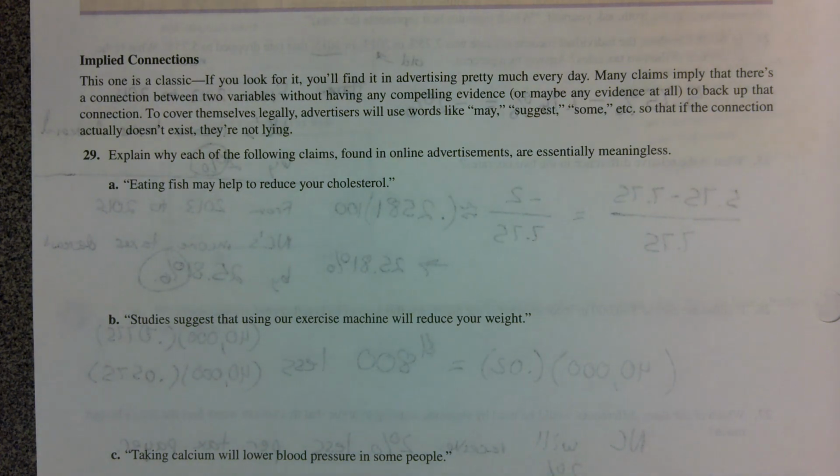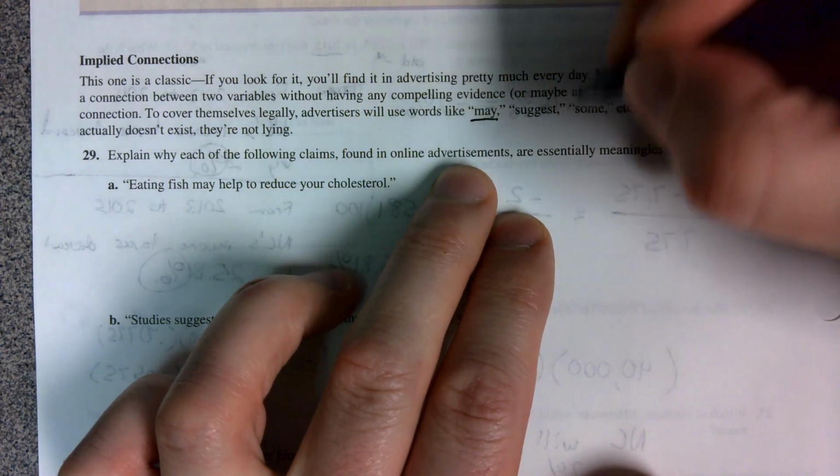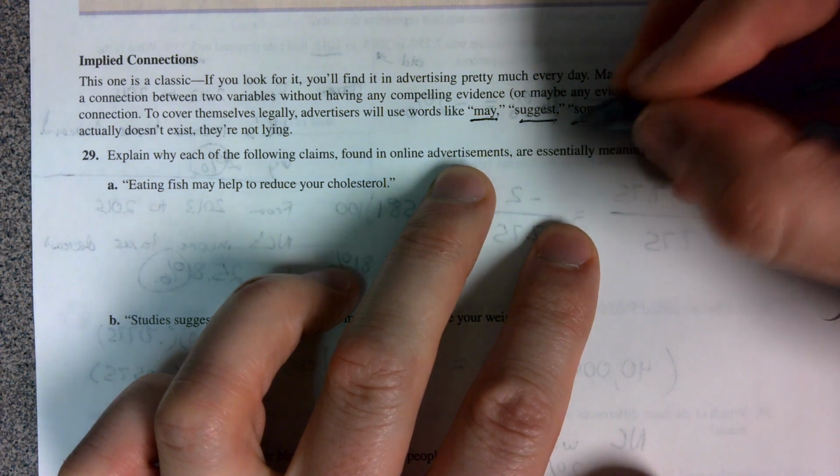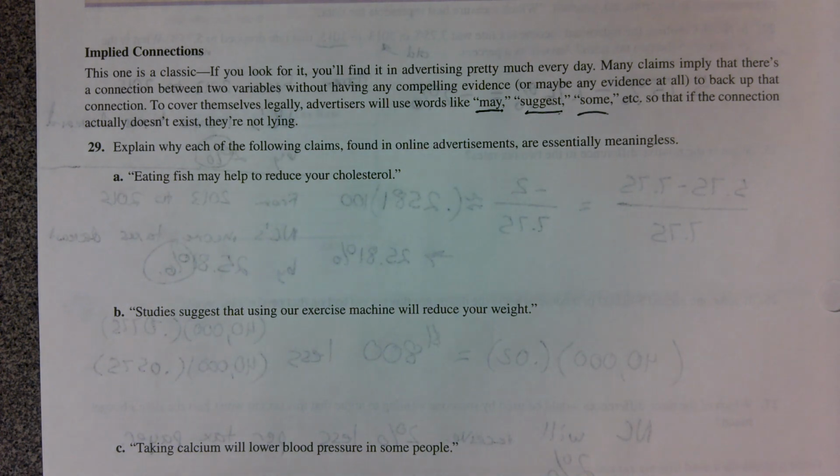And then to keep from being sued for false advertising, we throw in words of uncertainty: may, suggest, and some. And these connections may not actually exist at all, but the advertisers can do this, and it's left up to you to note that there's really nothing of meaning being stated.